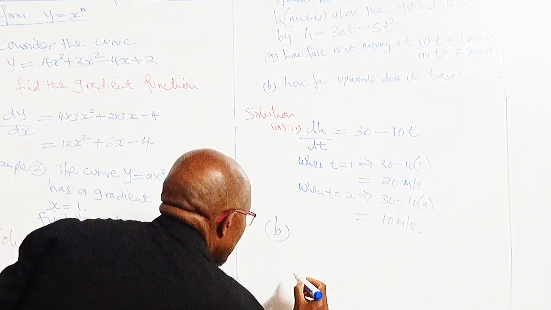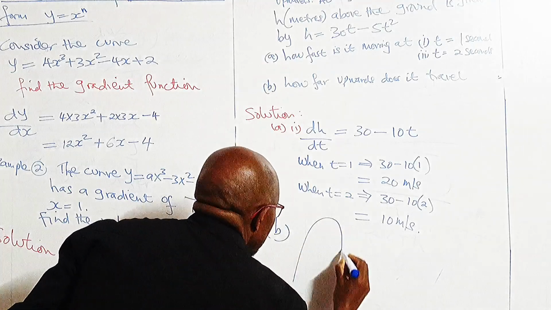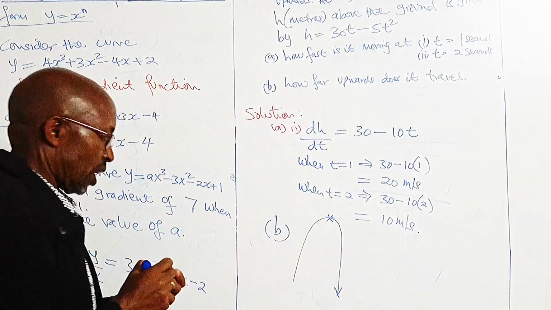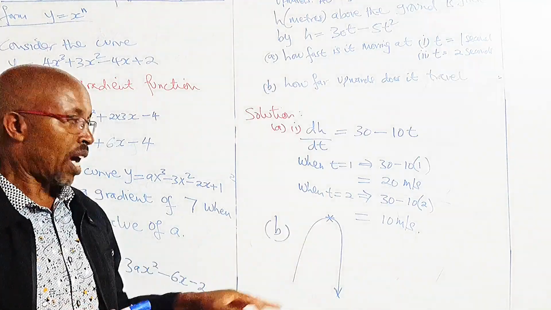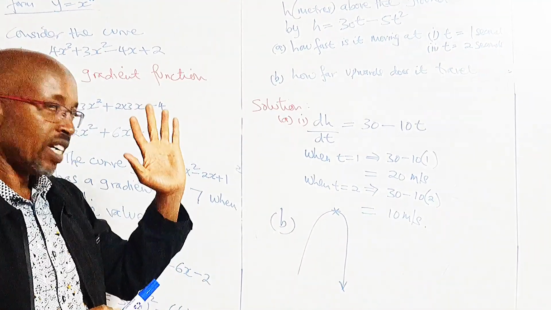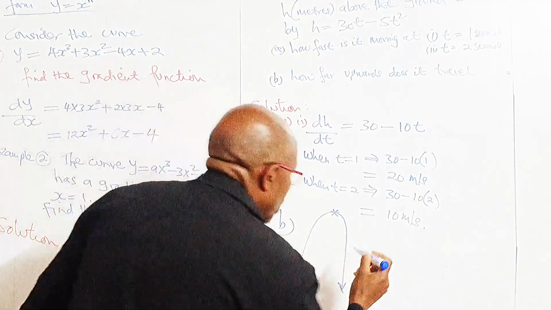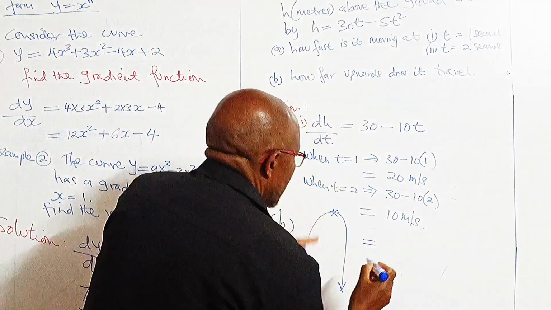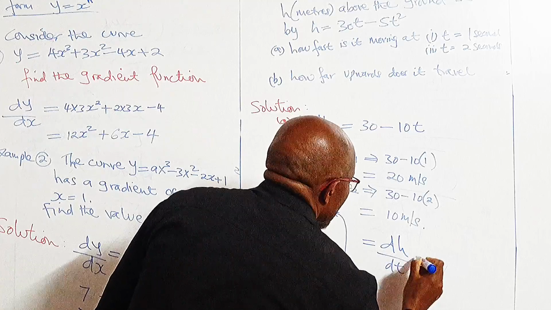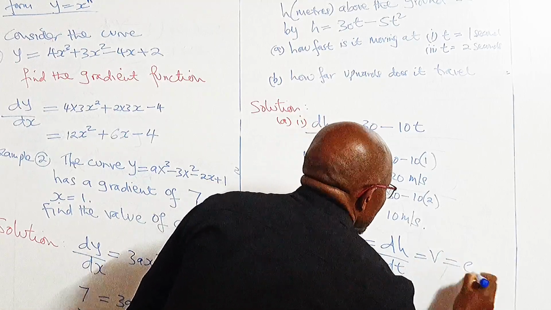At that maximum, then it comes down. There will be a stationary point there. At that point, the velocity will be 0 because the particle is not moving any further. Therefore, we want to get the point where the velocity is equal to 0.